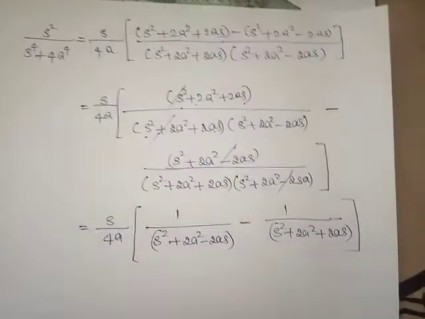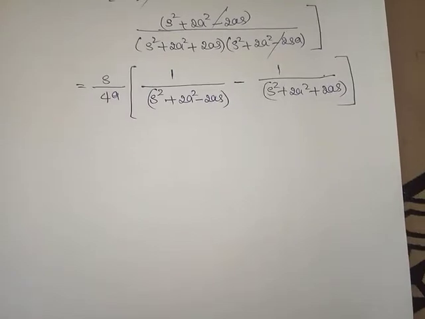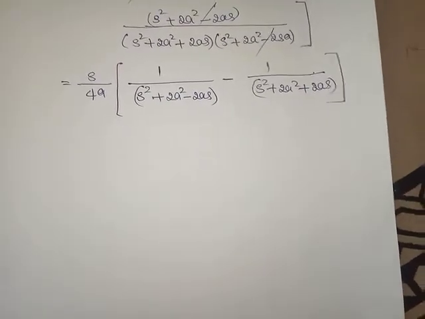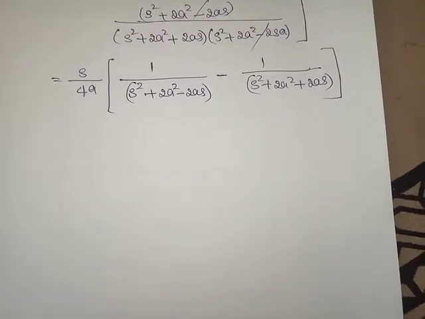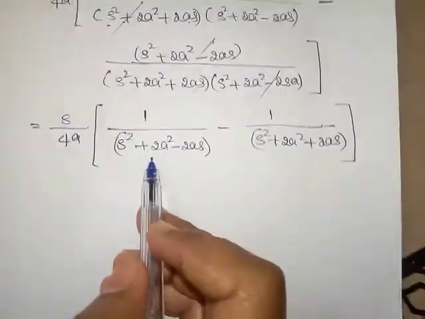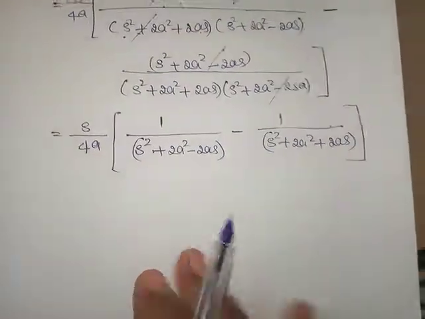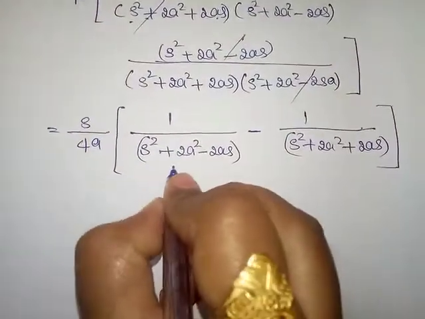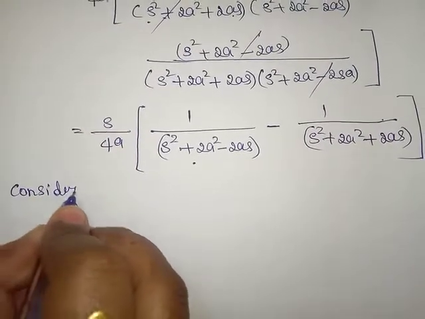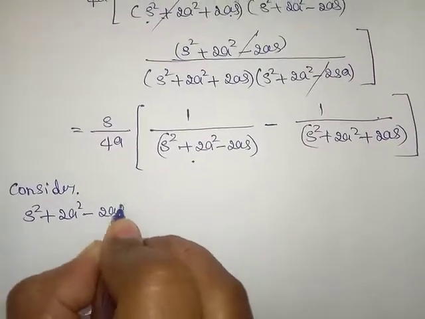Now in this method we have to use the result: L inverse of f bar of (s − a) is equal to e raised to at into f bar of s. For that we have to express the terms in terms of s − a. For that I will take this denominator, consider s² + 2a² − 2as.